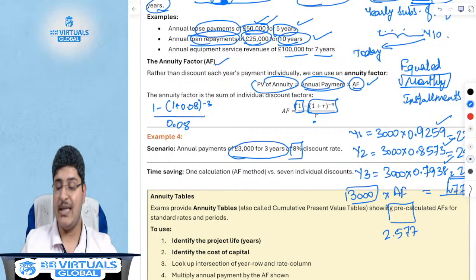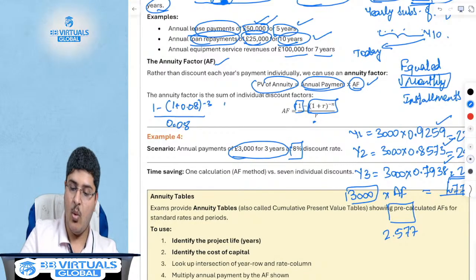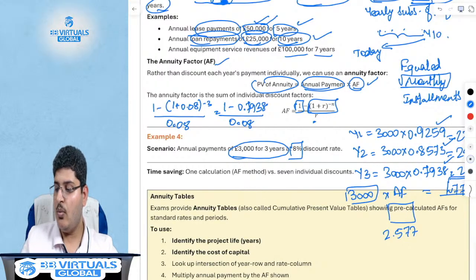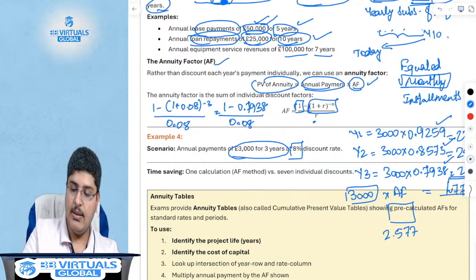Now let us solve it step by step. 1 divided by 1.08 raised to 3 is 0.7938. So 1 minus 0.7938 is 0.2062, divided by 0.08.